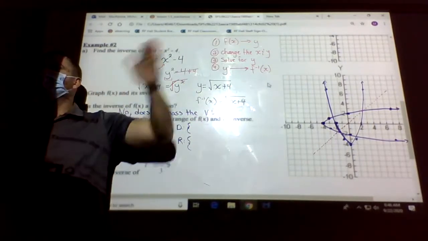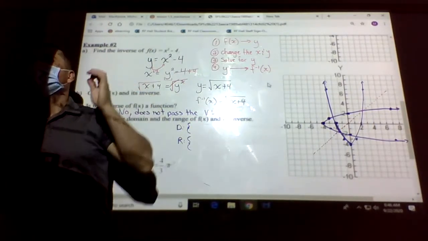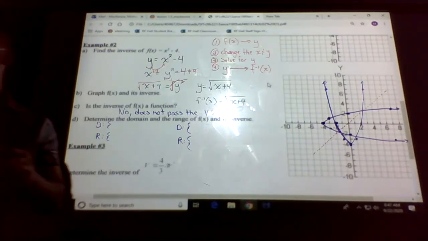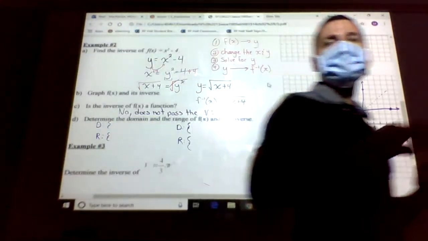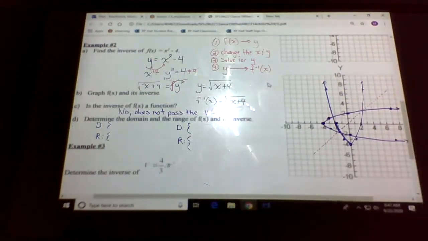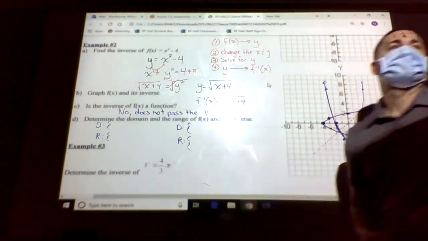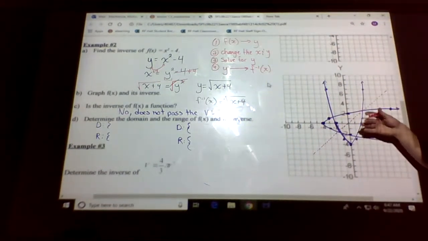Why is there two arms for the square root function that we discussed last week? What was the reason? There's supposed to be two arms, not one. Who told me? Antina? So when you have a square root, it can be plus or minus. Good, because when you have a square root, it's plus or minus. Okay, so you get the plus values, the positive values and the negative values.